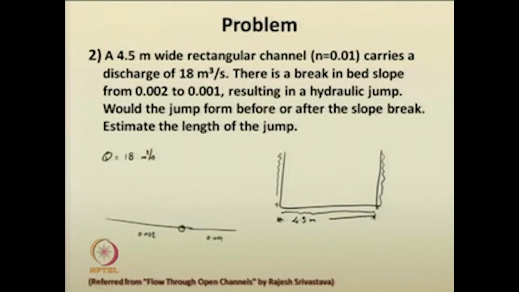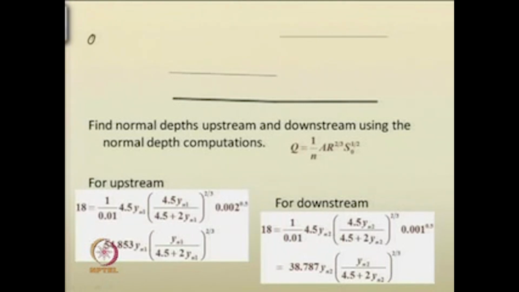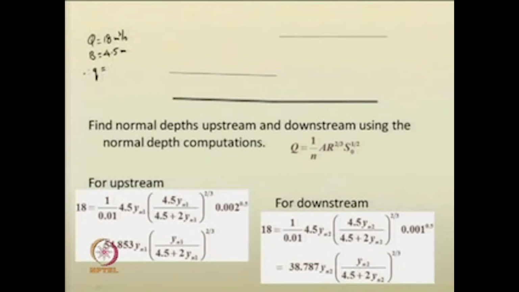Q is equal to 18 meter cube per second, and width is 4.5 meter. Therefore, discharge per unit width q is equal to 18 divided by 4.5, that is 4 meter squared per second. This was seen in the last class also, a similar case. Let us consider this as a steep slope channel and this portion as a mild slope channel.